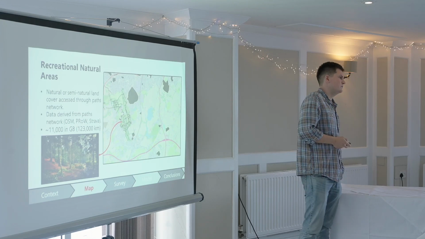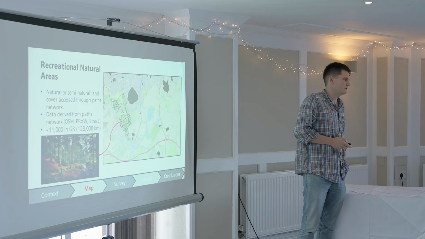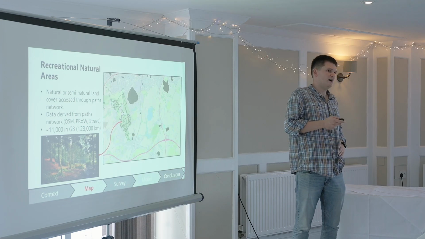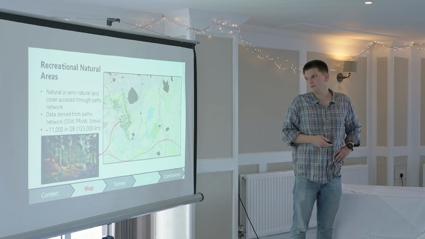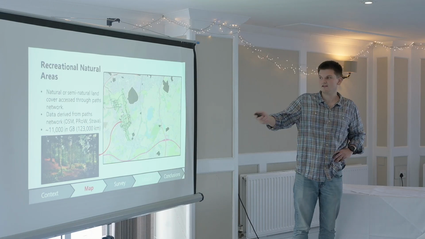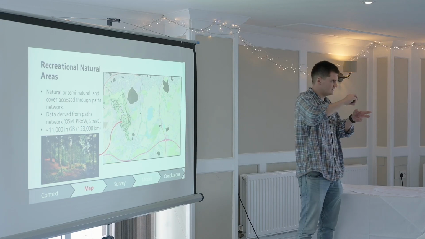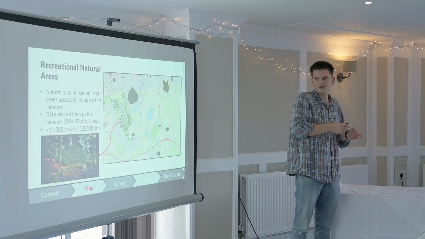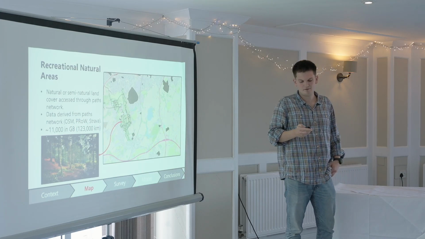So again, we get all this paths data in. We've done some quite interesting stuff with Strava data to try and figure out which paths people actually use. We've also done some Leiden clustering to get to these really dense clusters of paths, which we think represent something meaningful in terms of recreation, and also go through natural areas.